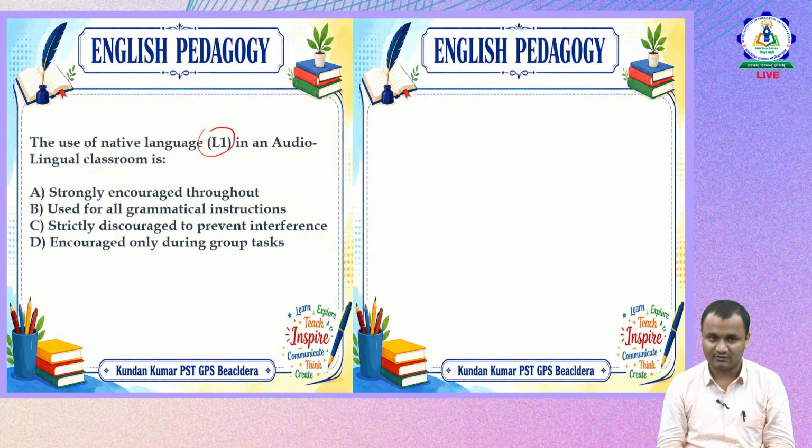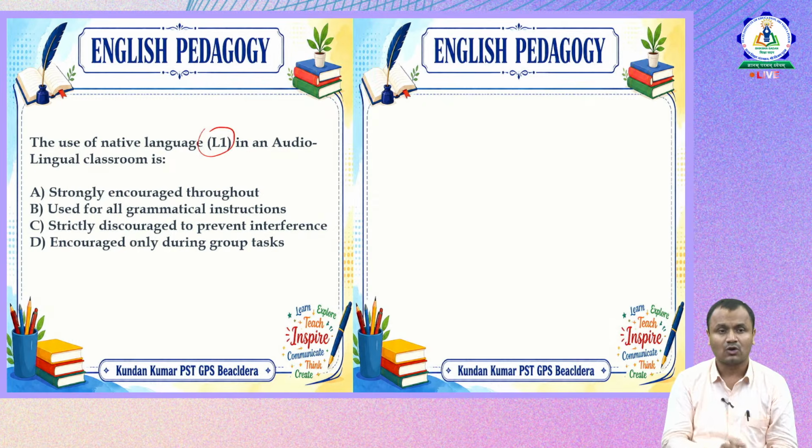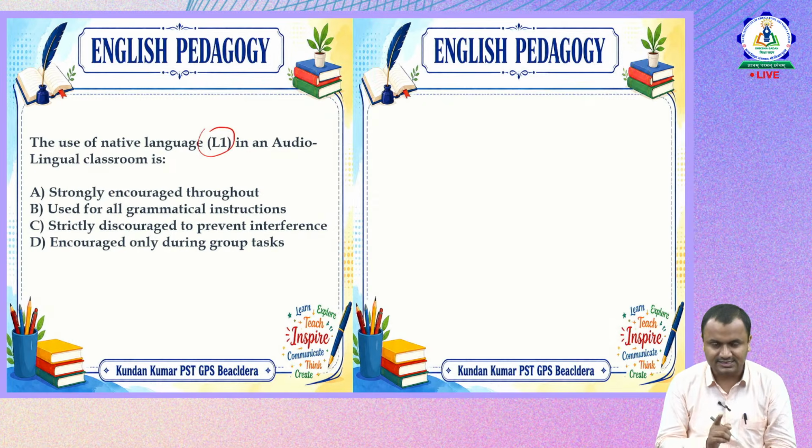Native language means your home language, your mother tongue, your local language. Use of your home language, your mother tongue, your local dialect is not allowed in the audiolingual method. So it is strictly discouraged. Why is it discouraged? To prevent interference in the language that you have to learn.